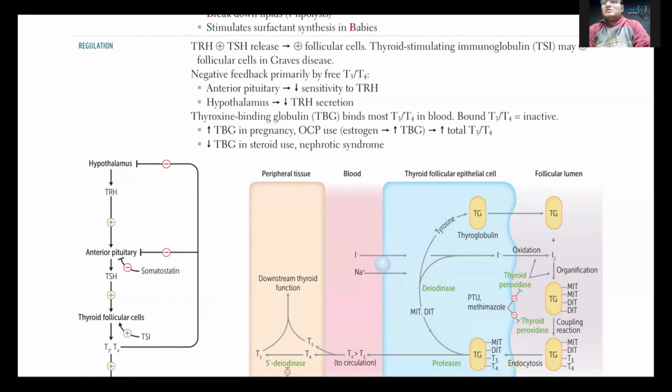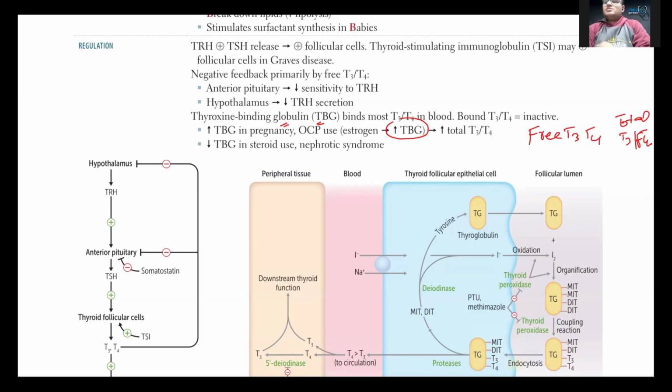Increased thyroxine binding globulin happens in pregnancy and oral contraceptive use. What will happen to the free T3, T4, and what will be the change in total T3, T4? Super high yield. They will ask you an arrow question. On one side they will give you free T3, T4, and on the other side total T3, T4. They will give you a history: the patient has been taking oral contraceptive pills for the previous 4 years.